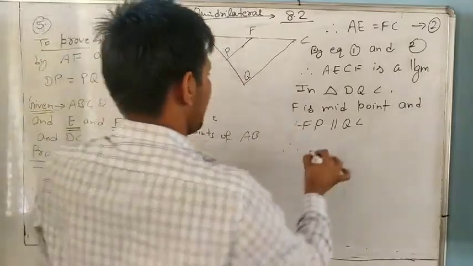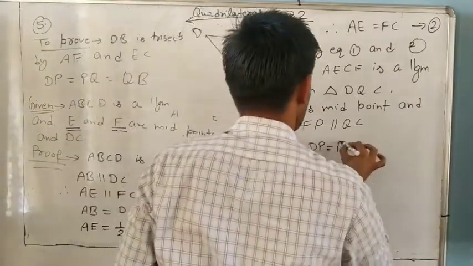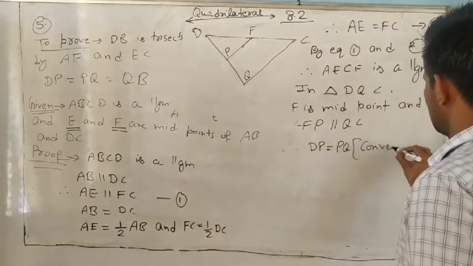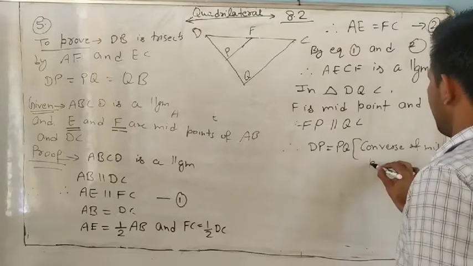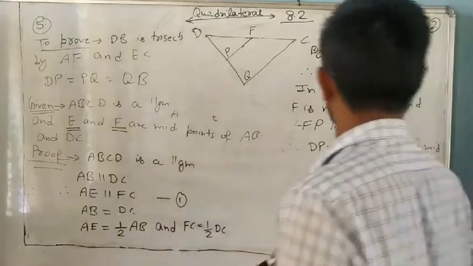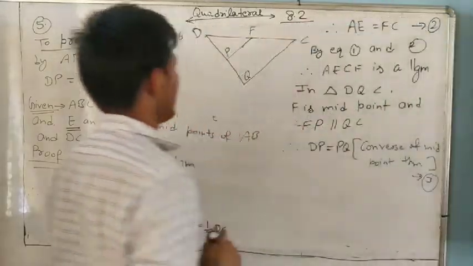Therefore DP equals PQ. Why? By the converse of the midpoint theorem. Equation number 3 is important. Understand?